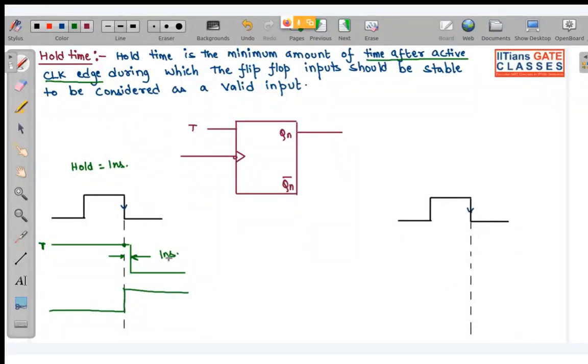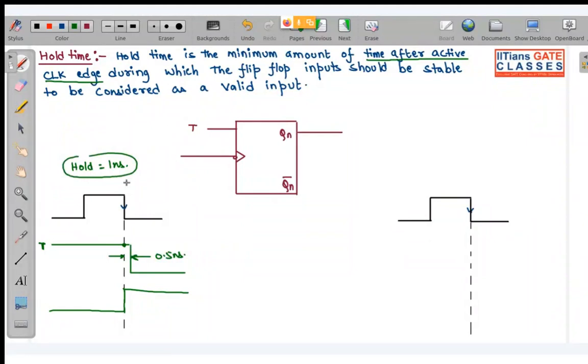But if after this active clock edge the input transitions from 1 to 0 in 0.5 nanosecond, then T will not be considered as 1, because hold time here is 1 nanosecond.